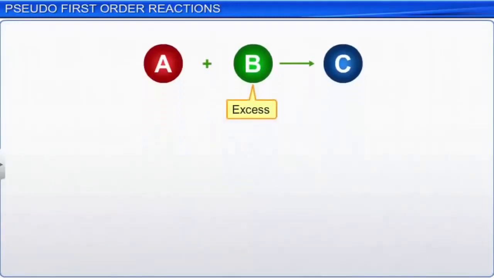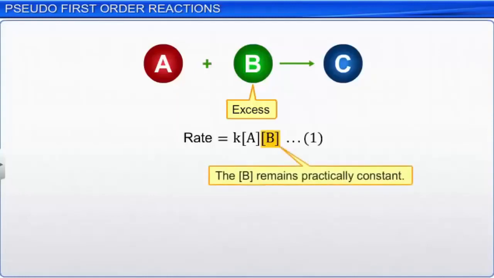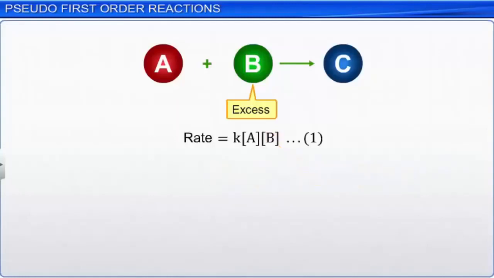The rate law equation for this elementary reaction can be written as rate is equal to rate constant k multiplied by concentration of A multiplied by concentration of B. Let this be equation 1. During the course of the reaction, the concentration of reactant B remains practically constant. In other words, the rate of the reaction depends only on the concentration of A.